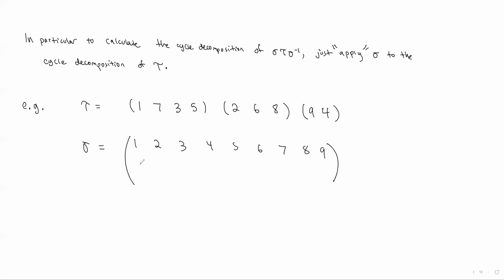What did it send it to? Let's say it sends 1 to 4, 2 to 1, 3 to 8, 4 to 6, 5 to 9, 6 to 3, 7 to 7, 8 to 2, 9 to 5. Let's say that's sigma. So how do I get the cycle decomposition of sigma tau sigma inverse?